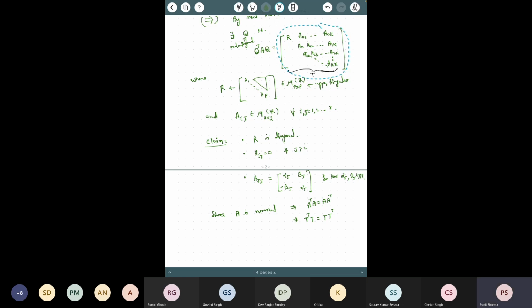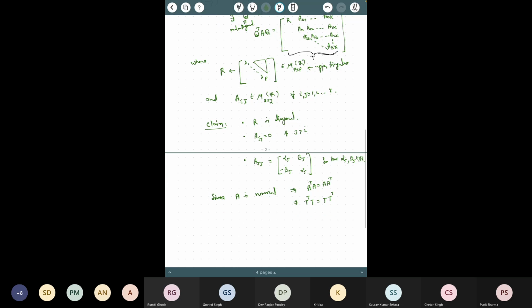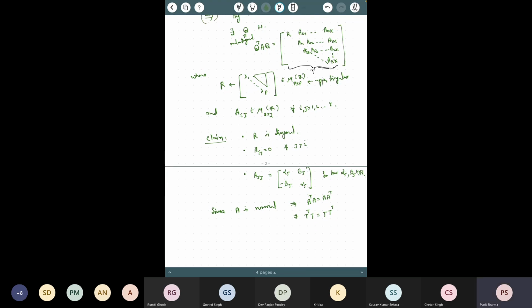If you do T transpose T, what would be the 1 block here? One block means the block corresponding to R. R square or R transpose R? Oh, R transpose R. R transpose R, because you don't know whether R is symmetric or not.